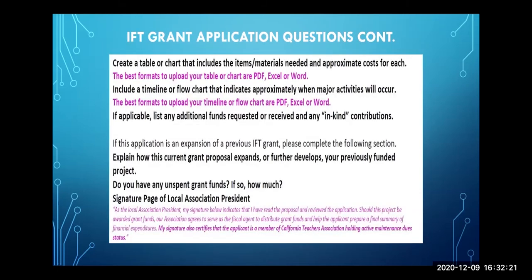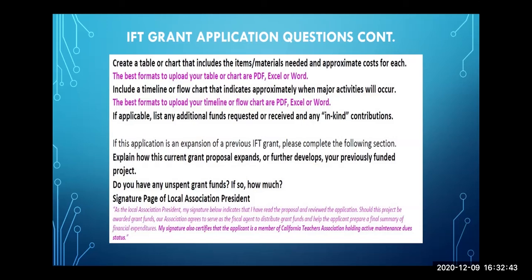Included with that, you're going to have to submit a table or a chart, and that table or chart is going to be your budget. With that budget, we mean all of the things that you're going to need in order to help carry out your proposal. What is it that you need? Do you need books?